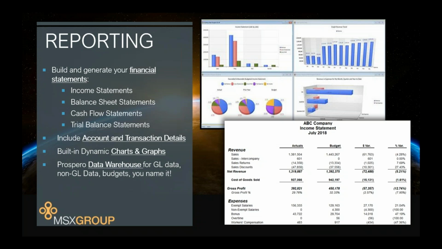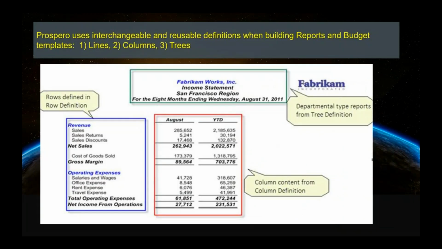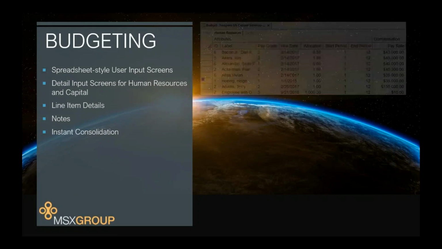So any statistics, any budgets, you name it, we can include inside the Prospero data warehouse for your nimble reporting, since you're probably manually collecting some of those data sets offline. What we did is take the best things of the Microsoft applications, meaning their ease of use and the reusable rows, columns, and trees, and bring that inside the application. And wherever they lacked, we added tons of new features.